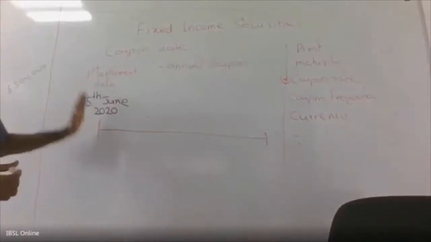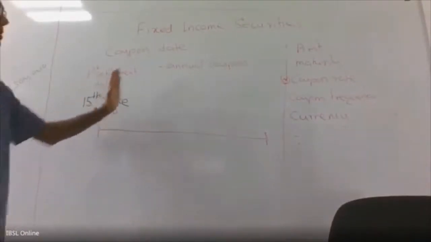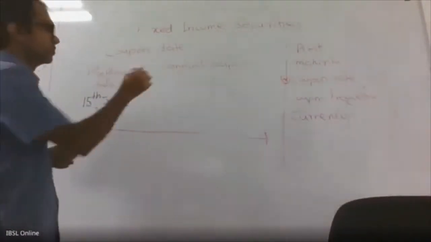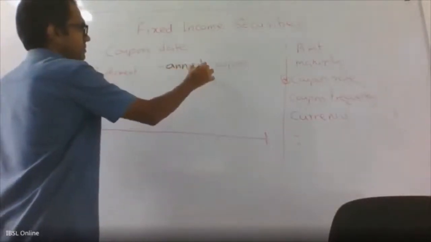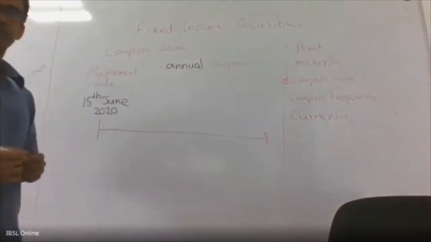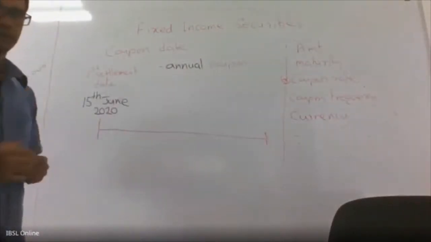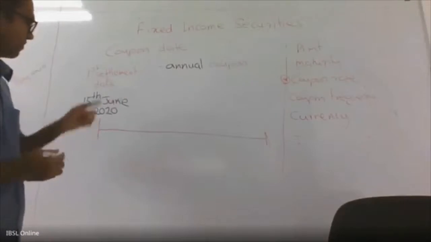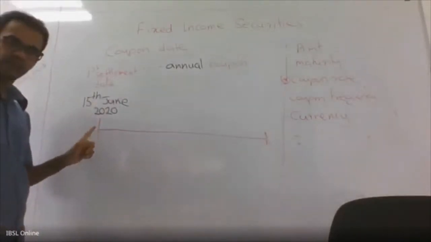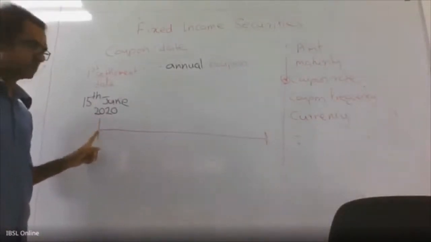So the first settlement date is 15th June. Coupon frequency is annual. When do you expect to receive the first coupon? It will be 1 year after the first settlement date.